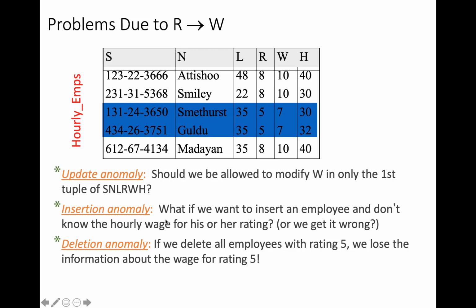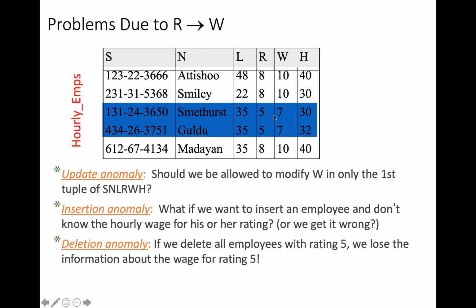Insertion anomaly as well. What if we insert an employee and we don't know the hourly wage for the rating? We know the rating, but we don't know the hourly rate. So what should W be? We can give it any value and it will not be valid. Deletion: for example, if we delete these two employees, now I don't know what the wage is if the rate was 5.